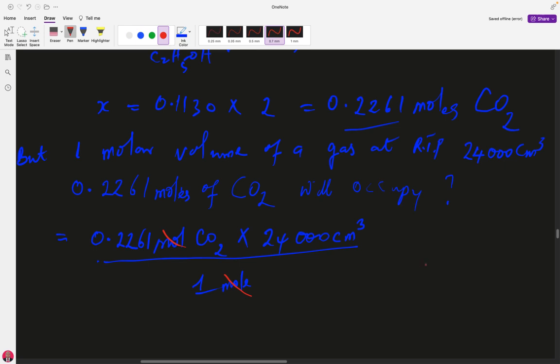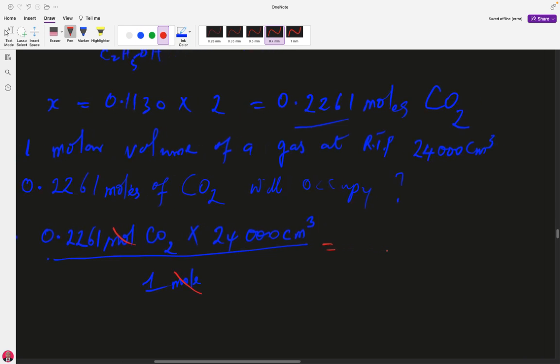And our volume, based on our calculation, will be 5,426.1 cubic centimeters of carbon dioxide.